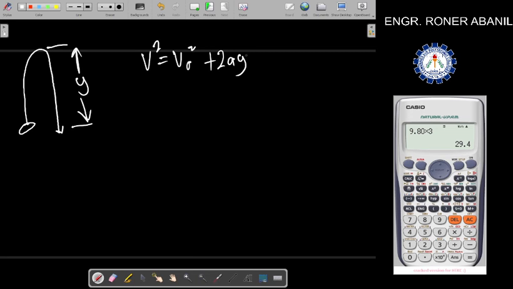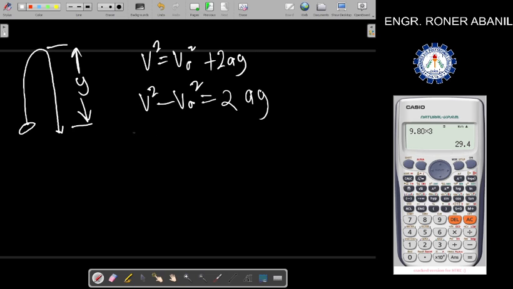Paano? Kaya analyze natin ulit. So, pwede ko tong gawing v squared minus v0 squared equals 2ay.